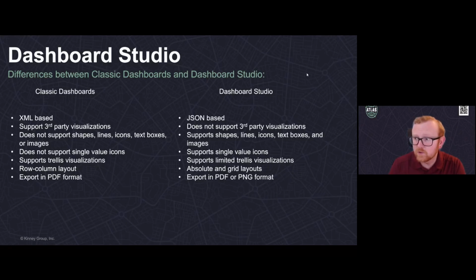You can choose between two layouts in Dashboard Studio, Absolute and Grid, which I'll talk about in a little bit. And you can export your dashboards in both PDF and PNG format, versus classic dashboards, where you can only export in PDF format. This is not the full comprehensive list of differences, but I just wanted to list a handful.